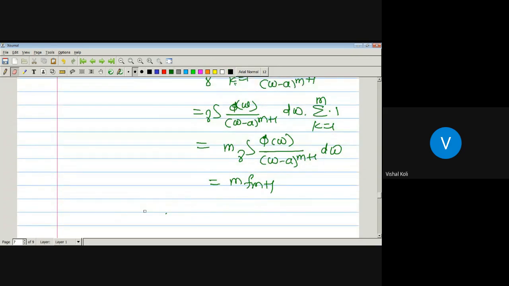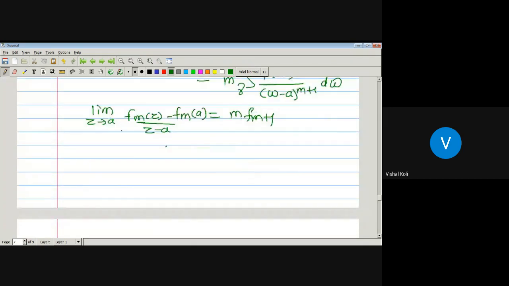So the left hand side will be nothing but limit z tending towards a of fm of z minus fm of a divided by z minus a. And what is this quantity LHS? Limit z tending to a of fm of z minus fm of a divided by z minus a.